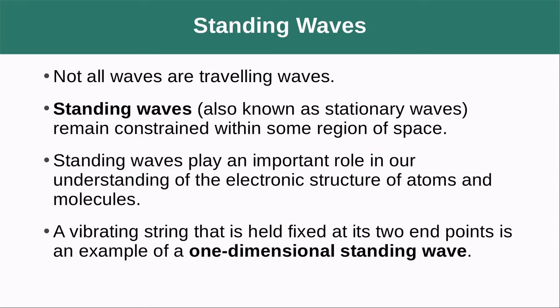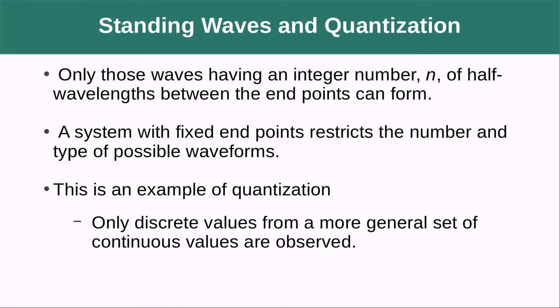So not all waves are traveling waves. Not all of them go anywhere. They don't move through the thing. These waves are known as standing waves. And standing waves play an important role in our understanding of electronic structure because they're the first time that you start to see quantization.